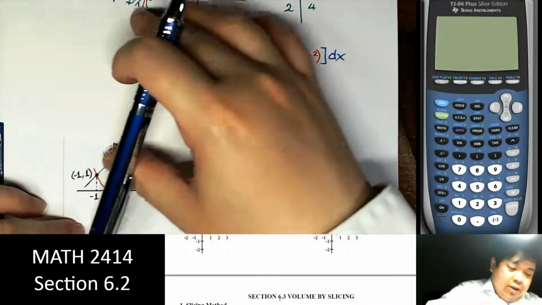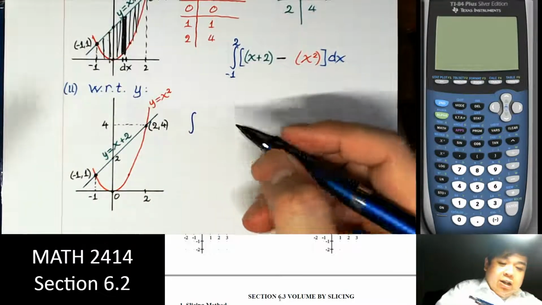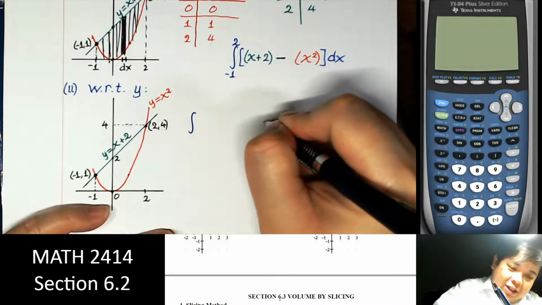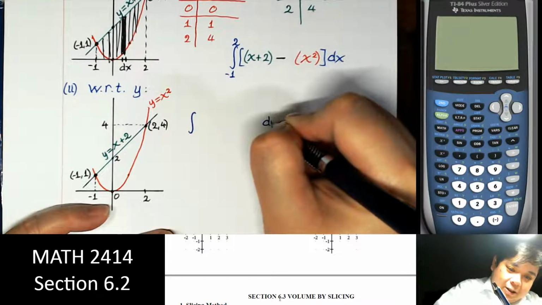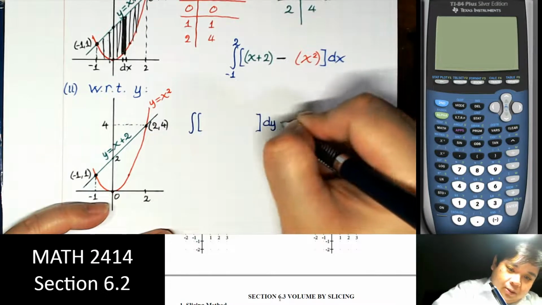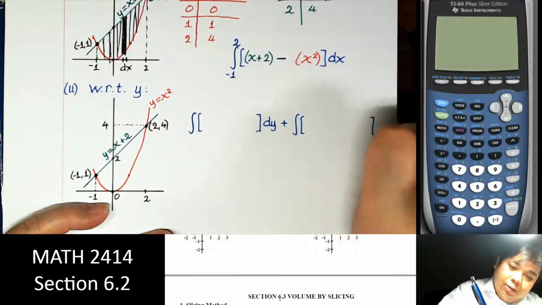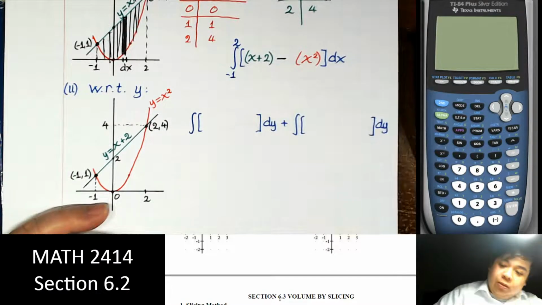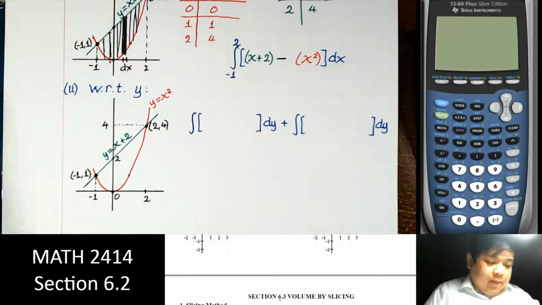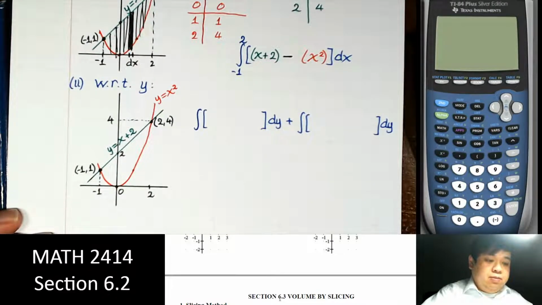One of them, let's just do integral first. Right, so there will be two integrals because there are two boundaries on the left hand side.